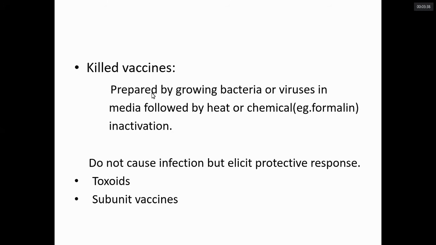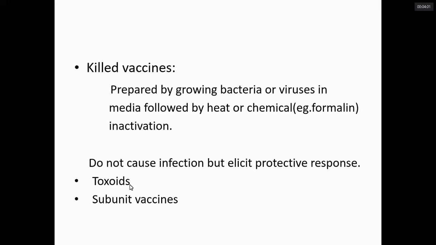Killed vaccines are prepared by growing bacteria or viruses. The pathogens are killed by heat or formalin chemical inactivation, and repeated doses of the killed vaccines are to be given for protection. The other vaccines are toxoids.